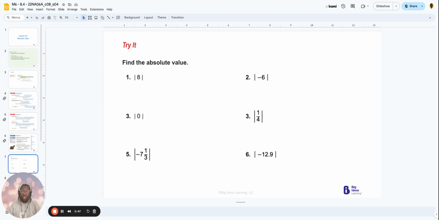Number 4, what's the absolute value of 1/4, or a quarter? Number 5, what is the absolute value of -7 and 1/3? And last but not least, number 6, what's the absolute value of -12.9? Go ahead and drop your answers in the chat.